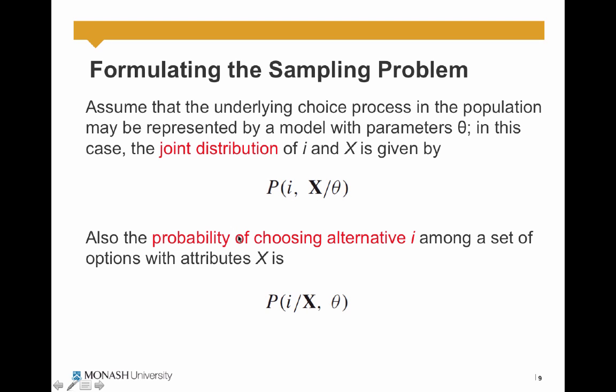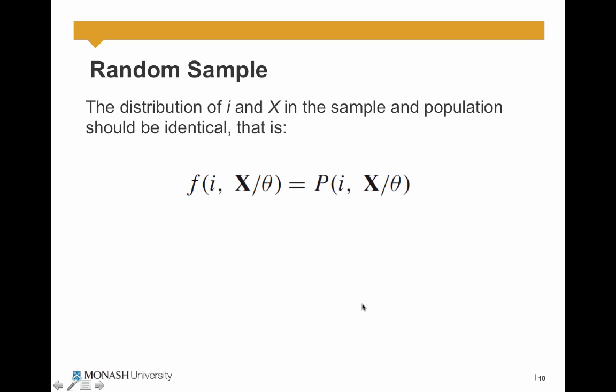And also we assume that the probability of choosing alternative I, for example, different modes in a mode choice context among a set of options with attributes X, can be represented as probability of I conditional on X and theta. So the first one is a joint distribution of I and X given some parameters of theta. And the second one is the probability of choosing alternative I with attributes X and model parameters theta.